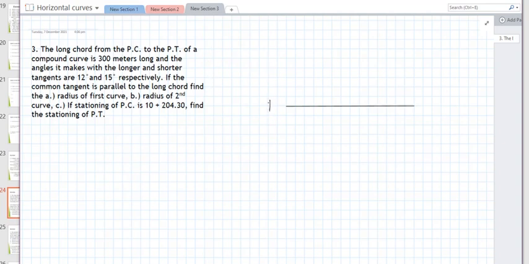So we know that this is point PC and PT. And this is distance 300. That is the long chord. Okay. So given is the angle it makes with the longer and shorter tangents. Okay, so let's complete our diagram. 1, 2, 3, 4, 5, 6, 7.